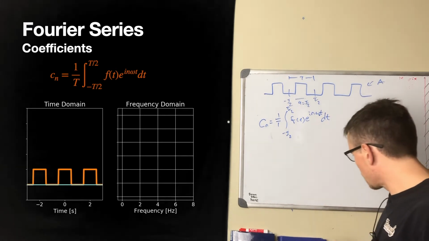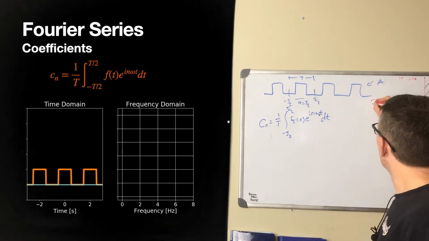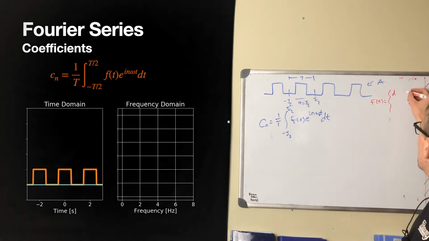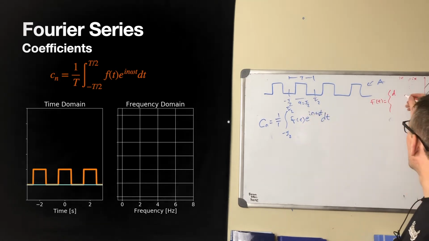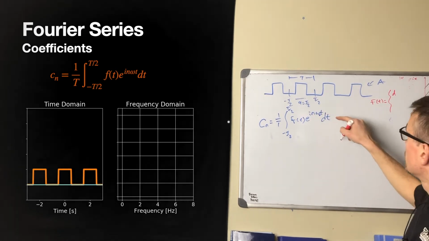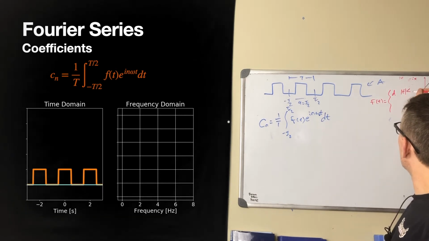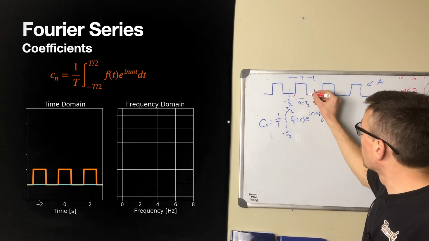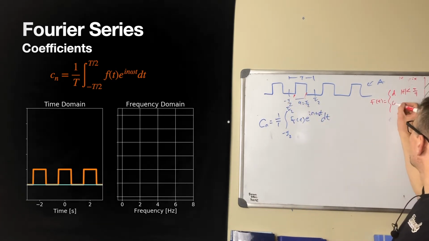Our function here, what is our function? Well, our function is equal to a constant A if we're between negative T over 4 and T over 4. So we'll just say absolute value of t is less than T over 4, right? That's going to be this point and this point, half of a half, and it's 0 otherwise.